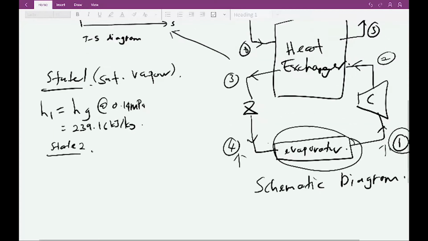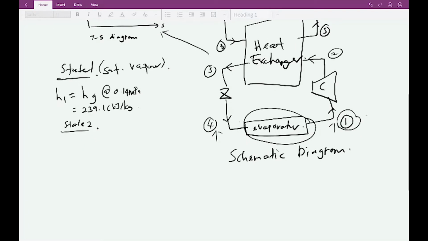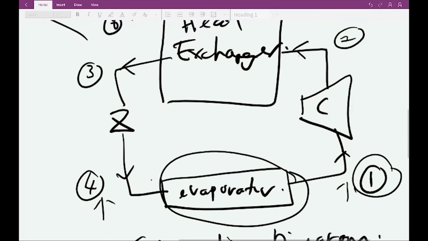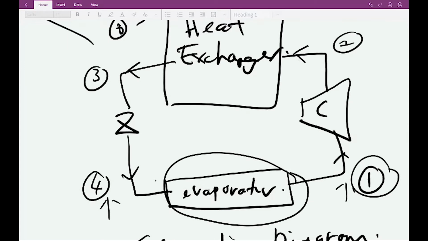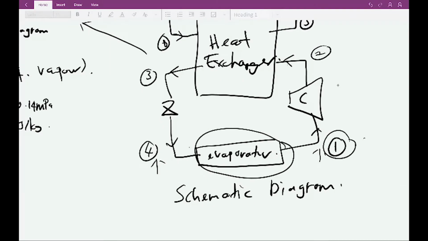Right, state 2. We want to find enthalpy at state 2. But first we need to know the state. So what is the link between 1 and 2? It passed through the compressor, and because this is an ideal compressor, it works based on an isentropic process.